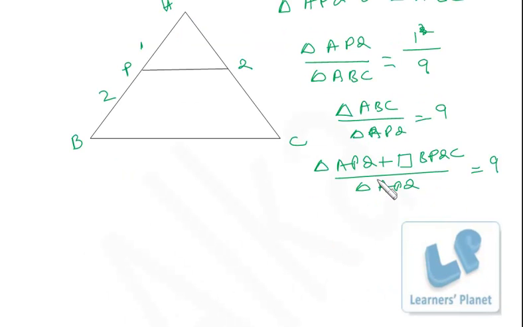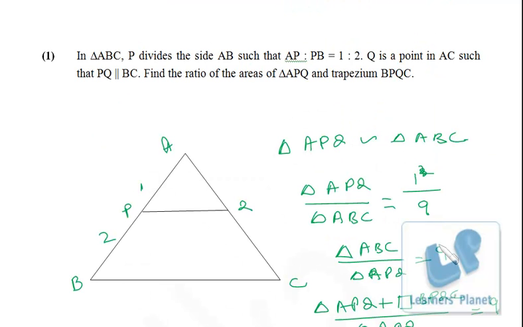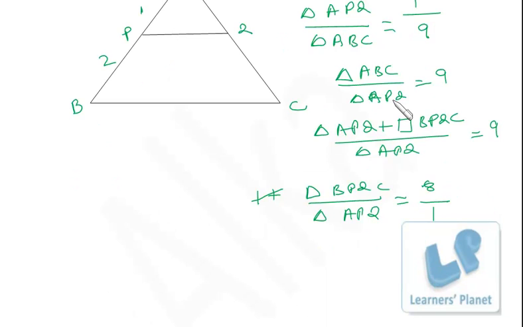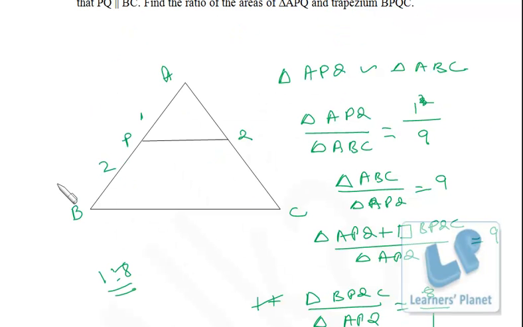So if you break it, we get 1 plus BPQC by triangle APQ equals 9. So this is equal to 8. We have to find the ratio of areas of APQ and BPQC, so that will be 1:8.